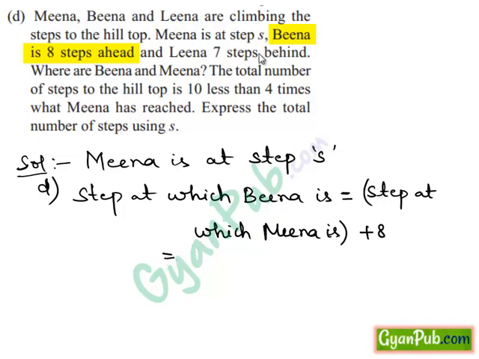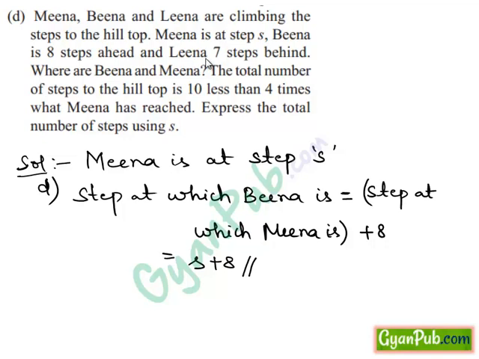Since Beena is 8 steps ahead of Meena, and Meena is at S, the step at which Beena is S plus 8.